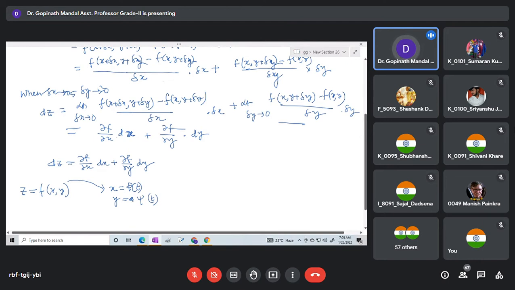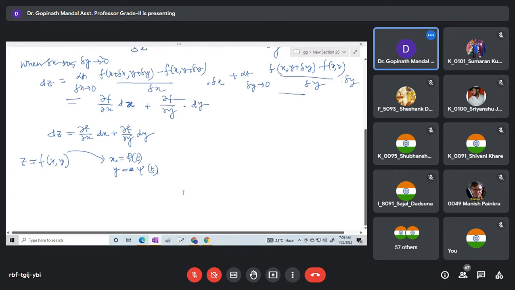Then in that case z is a composite function of t.